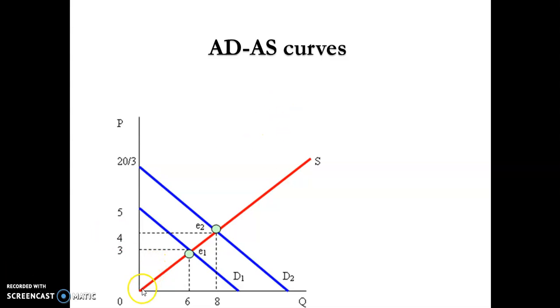So we had no vertical intercept for our aggregate supply function, so it comes through the origin. And we have our original aggregate demand curve, and that would be the vertical intercept there. And here we have our new aggregate demand curve, and that represents the old equilibrium and the new equilibrium.